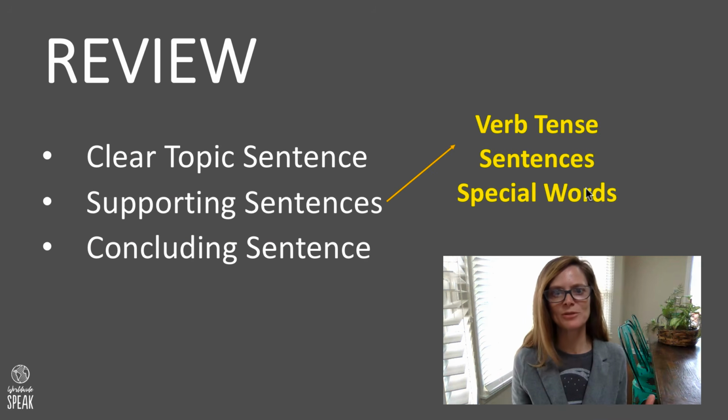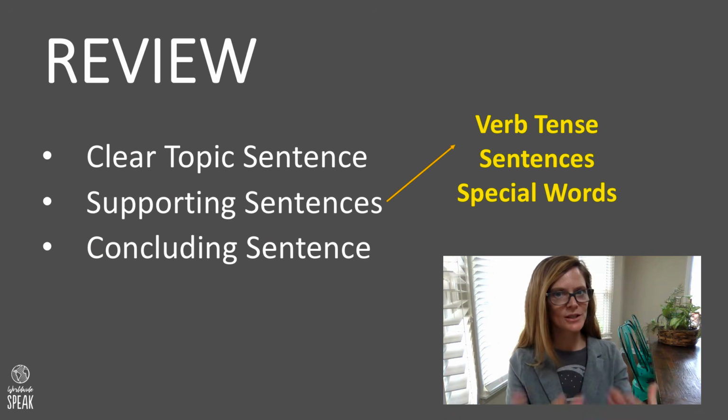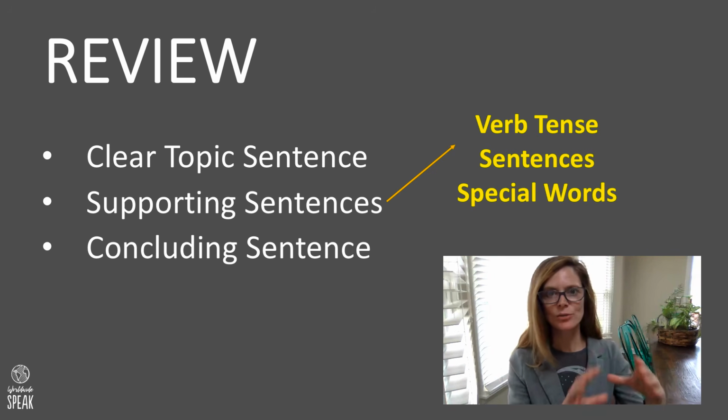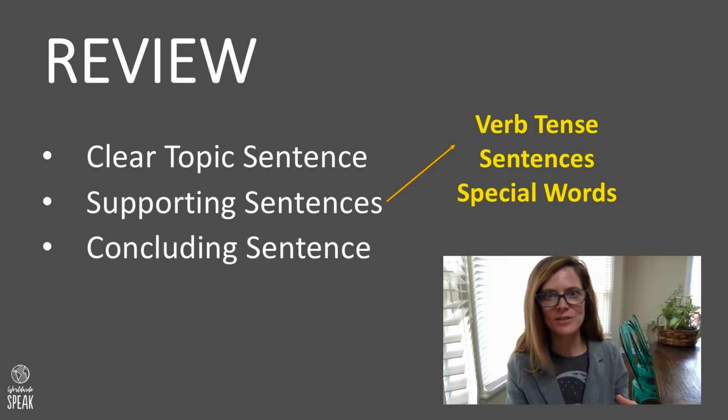All right, let's review. You need a clear topic sentence. You need supporting sentences that stay in the past tense, that have a variety of sentences, and in those sentences you use words to show chronological order or simultaneous action.